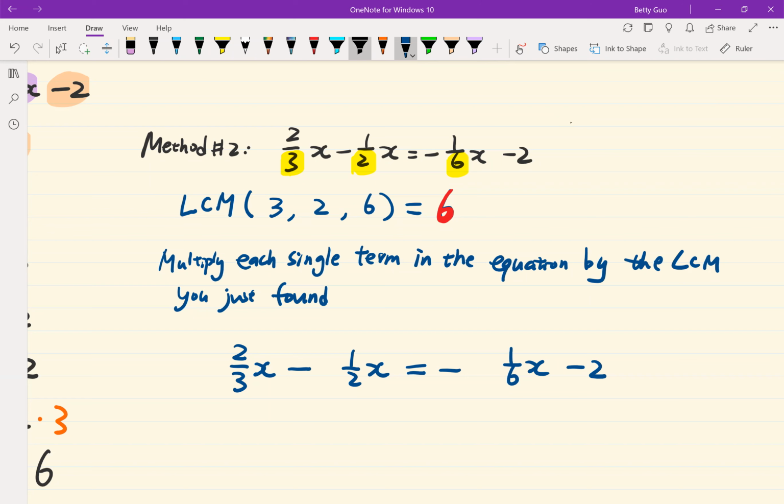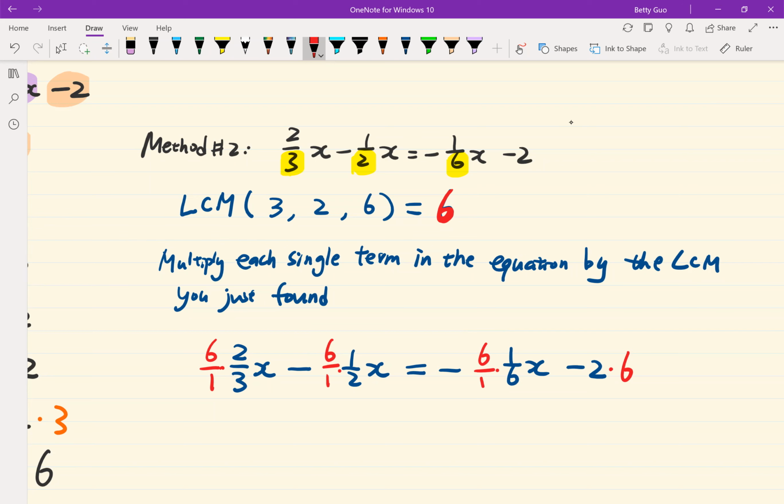What treatment? You are going to multiply the first term by 6, which is 6 over 1. The second term multiply by 6 over 1, the third term multiply by 6 over 1, and this one multiply by 6. 6 over 1 and 6 are the same thing. Why do I write 6 here and 6 over 1 for the other 3 terms? Because this is a whole number, so 6 is easier to process.